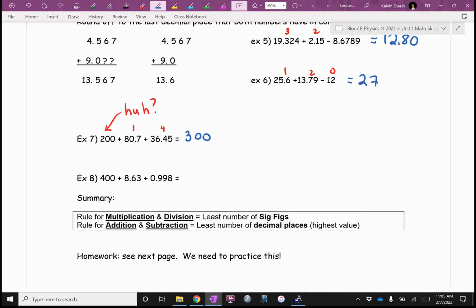So if you look at number 7, can you all look up for a second? This 200 is really tricky because it doesn't go to 0 decimal places, because there's also a 0 here and a 0 here. This 200, I can only assume is accurate to the hundreds column.